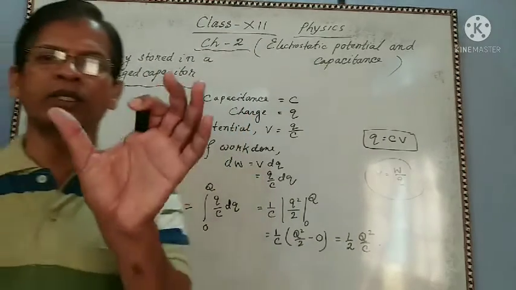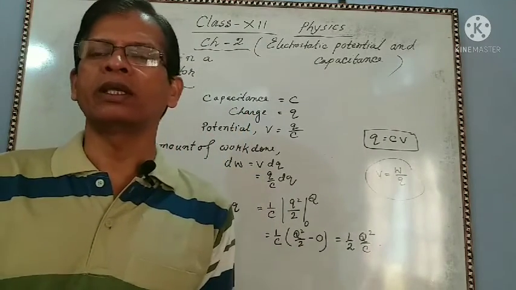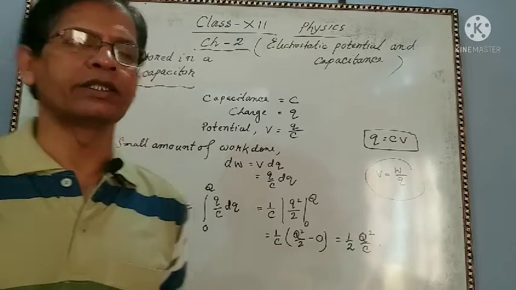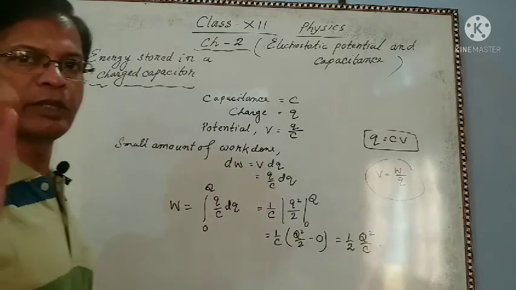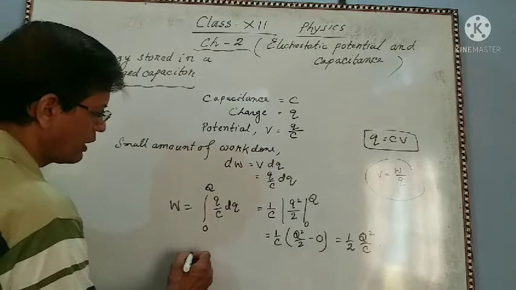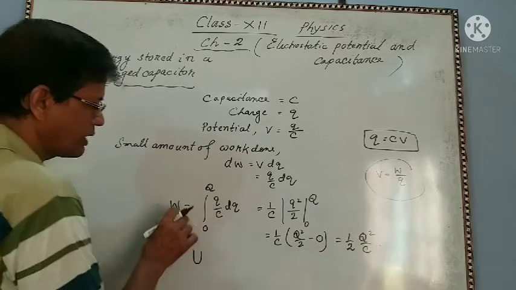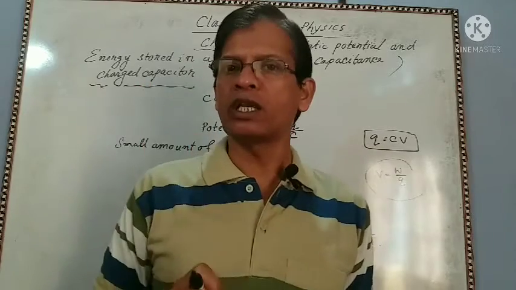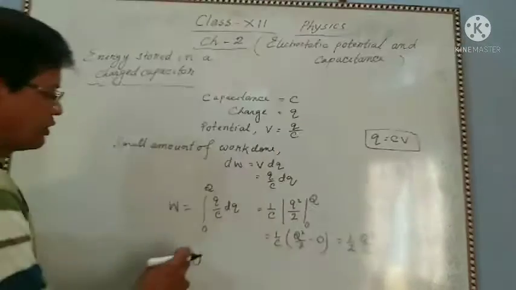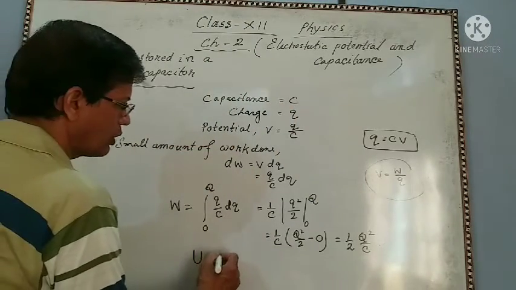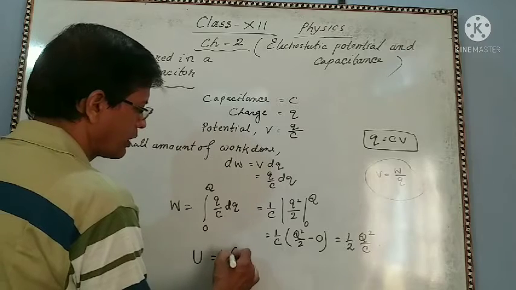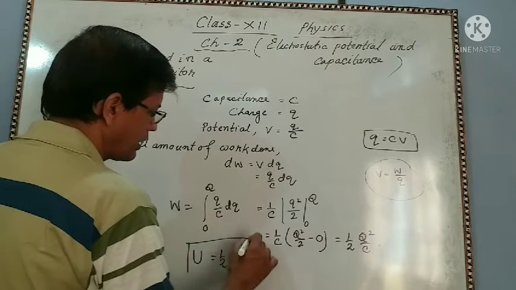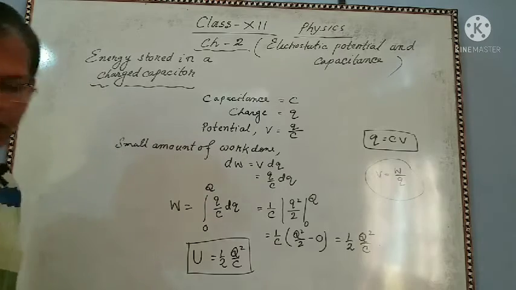This work done is stored in the capacitor as potential energy. If we represent potential energy as U, then U equal to half Q square by C. This is the energy stored in a capacitor.